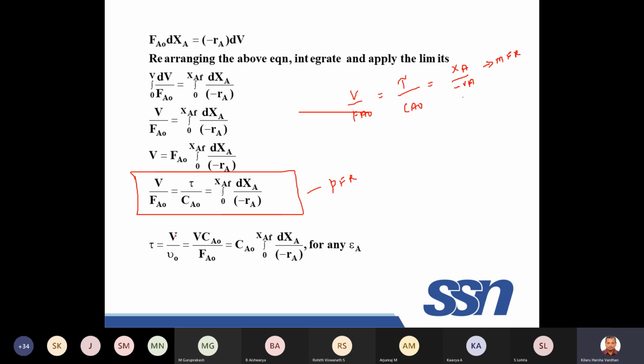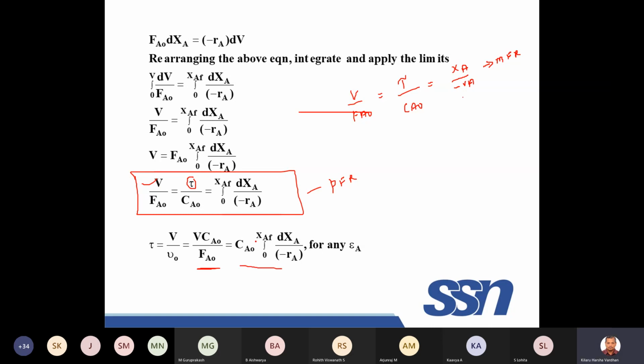You can write tau as V by V naught, volume by volumetric flow rate. The volumetric flow rate is nothing but F naught by Ca naught. So tau is V Ca naught by F naught. Then Ca naught cancels and you are left with V by F naught, which is equal to Ca naught into this particular thing.